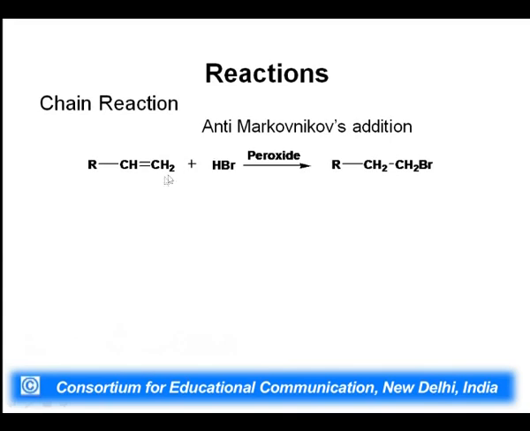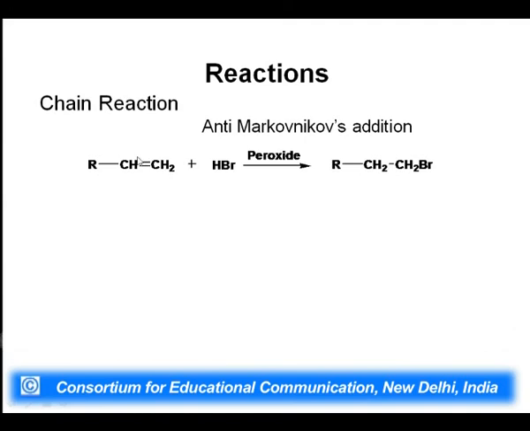Now we are adding HBr. If we add it without the presence of peroxide, what is the case in Markovnikov addition? The Br goes to the second carbon and hydrogen goes to the carbon with more hydrogens, because that mechanism happens via the carbocation, and Br minus adds later on.